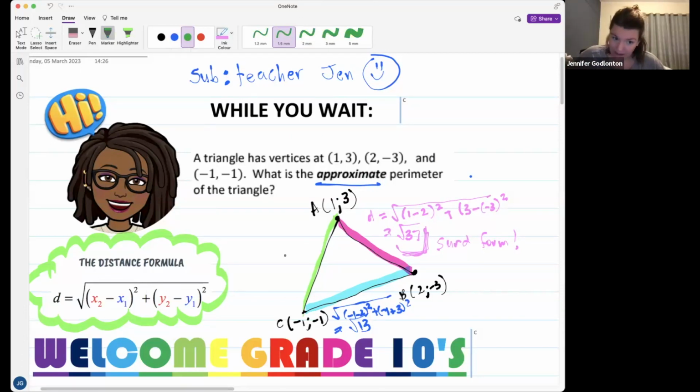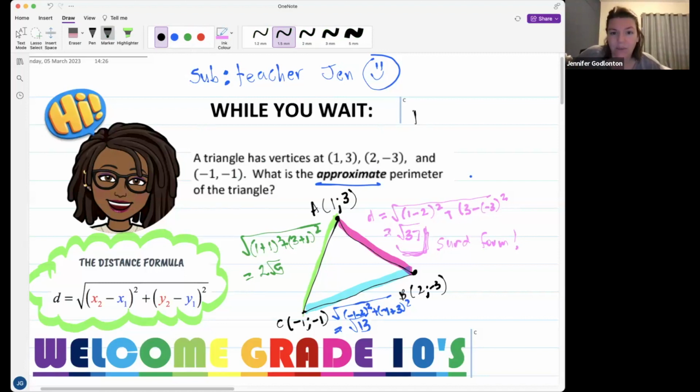Okay. Our green side, we're going to do with square root of 1 plus 1 squared plus 3 plus 1 squared. So let's pop that in. And we get 2 root 5. So the approximate perimeter of this, we're just going to add those surds.